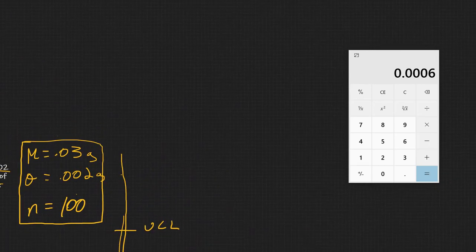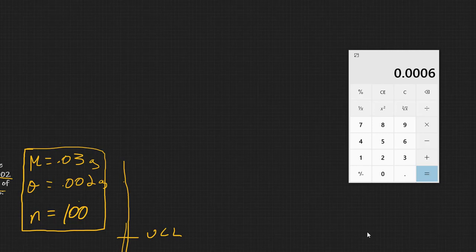Let me just make some space here. So in order to calculate the upper control limit, we're going to do mu plus 3 sigma, where sigma is the sigma of the x bar, which is the same as saying mu plus 3 sigma over the square root of n.